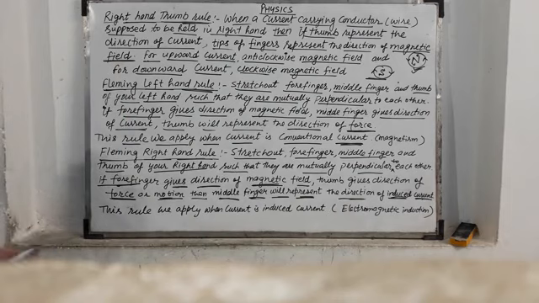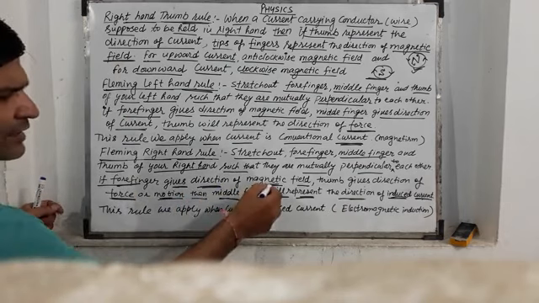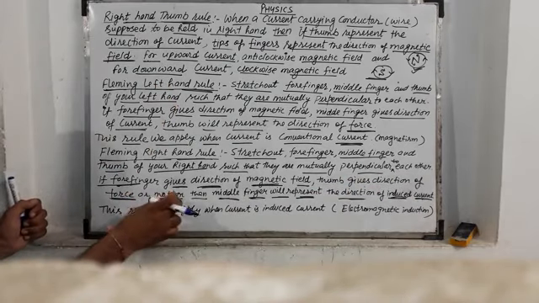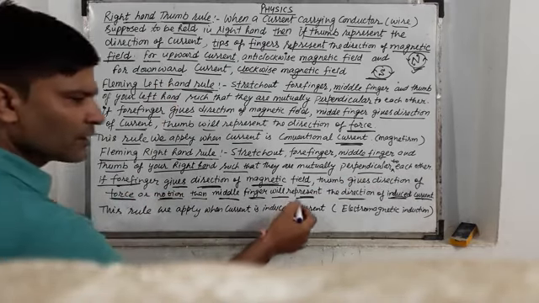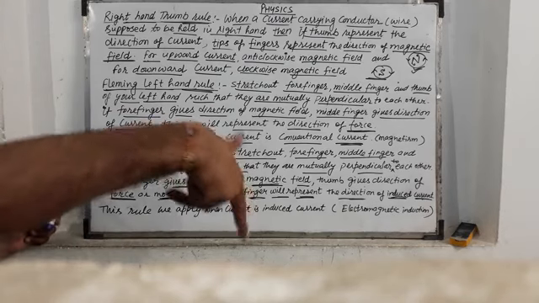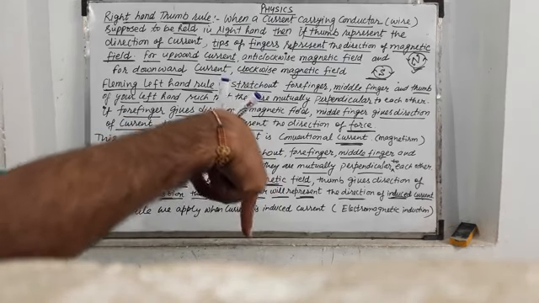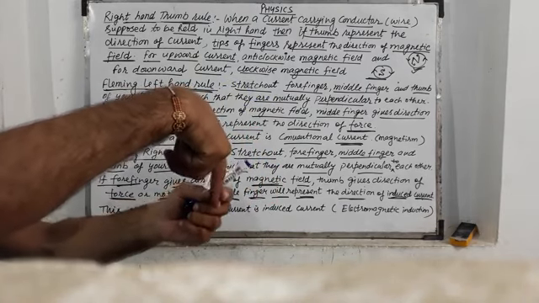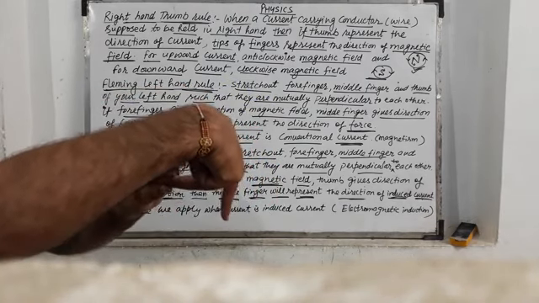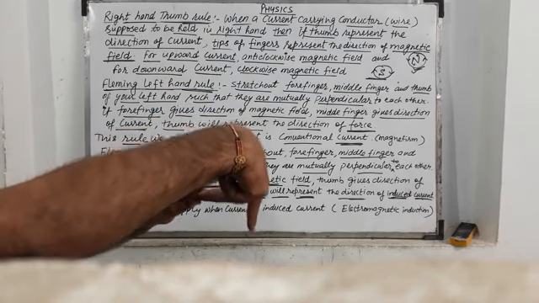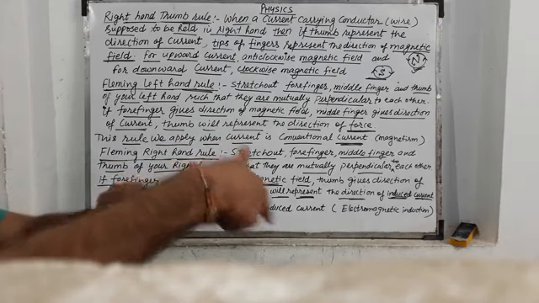So once again, if the forefinger gives the direction of magnetic field, thumb gives the direction of force or motion, then the middle finger will represent the direction of induced current. Okay, like this. This thumb represents the direction of motion, this is magnetic field, and this middle finger represents the direction of induced current.